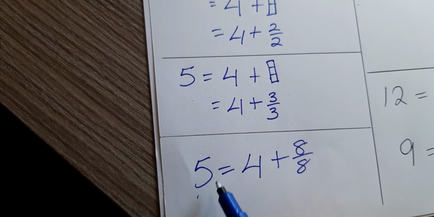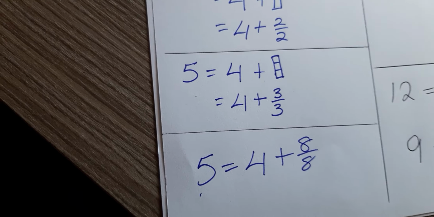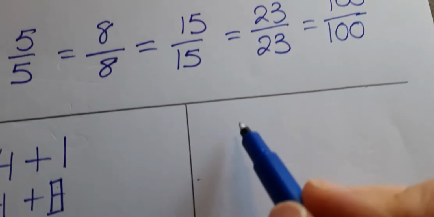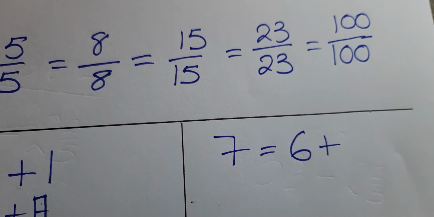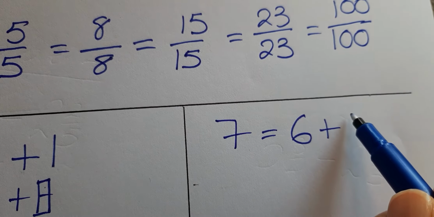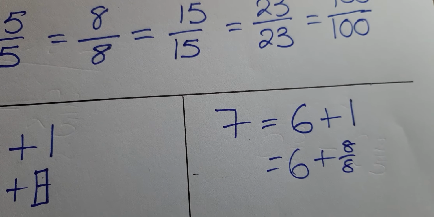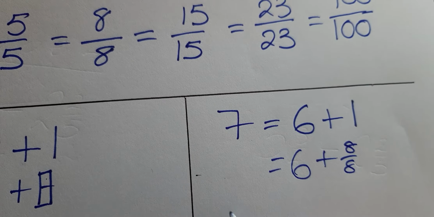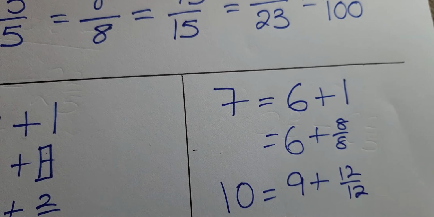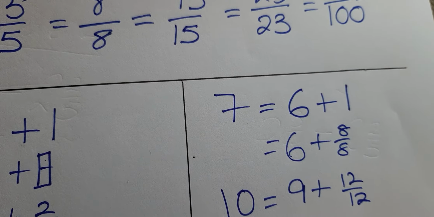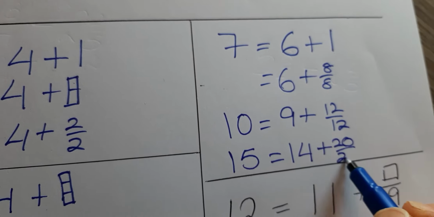So 5 wholes equals, drop it down by 1, 4 wholes plus a fraction. 8 eighths is 1. 7 equals 6 plus 1 whole, so 6 plus 8 eighths. 10 equals 9 plus 12 twelfths. 15 equals 14 plus 20 twentieths.